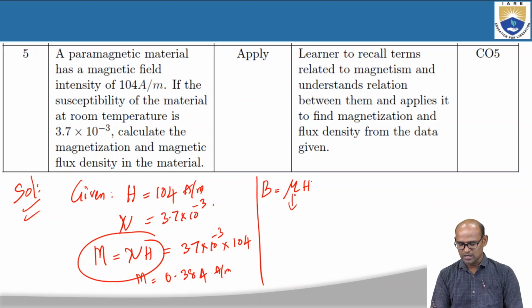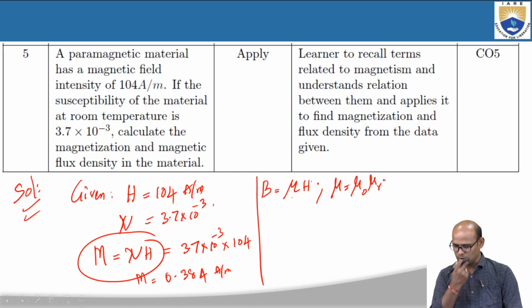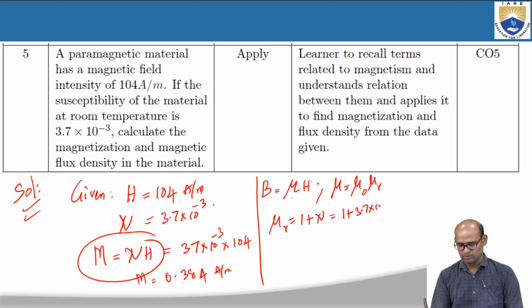So we do not have mu, but we can use the equation mu is equal to mu naught into mu r. But we also do not have mu r, but mu r we can write because chi we have, so 1 plus chi is mu r, so 1 plus 3.7 into 10 power minus 3, so that is mu r.